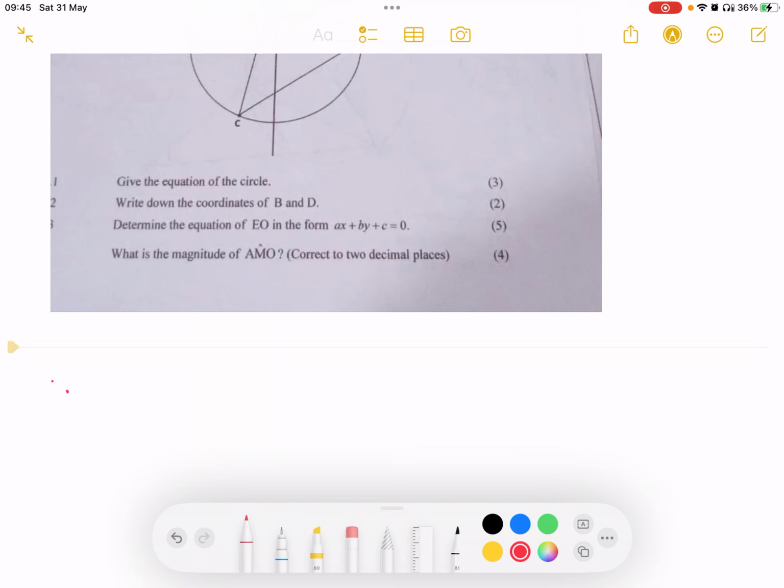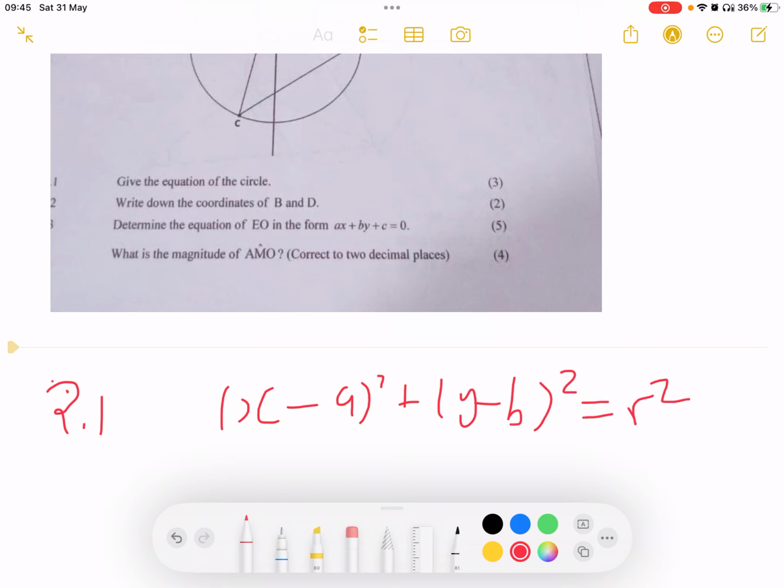And the equation of the circle, let's say this is 2.1, for a circle with a center at (0, 0). Both of them come from the general equation (x minus a) squared plus (y minus b) squared equals r squared.